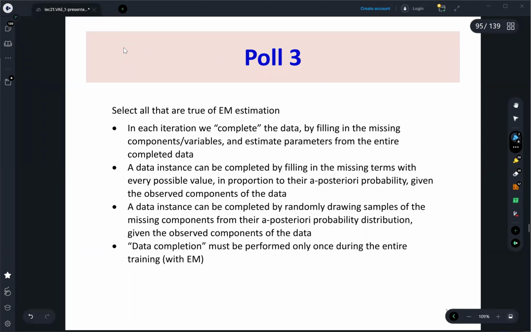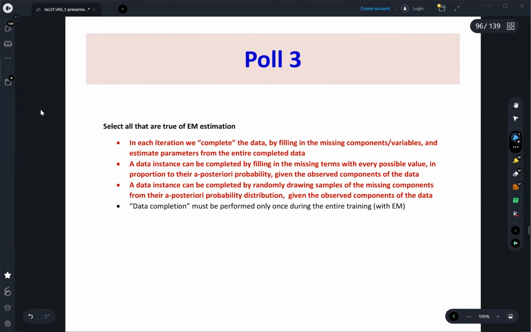All right, so let me continue. Most of you got the answers right. Let's take a look. In each iteration, we complete the data by filling in the missing variables.